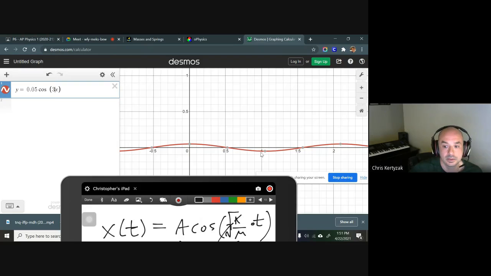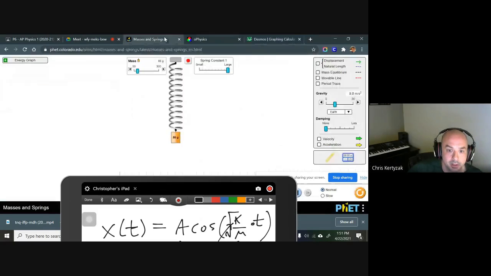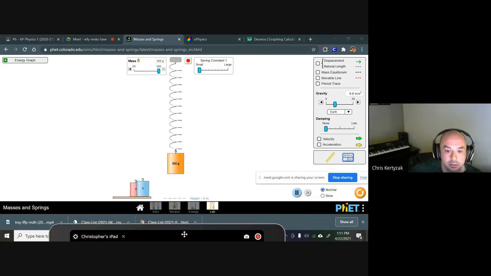boy, that's going through its cycles very slowly. Now it's got a period from here all the way to here, all the way to here, right? So from the top back to the top, it's a little over 2 seconds, right? So it's a much longer period. That would be a good model for this one.